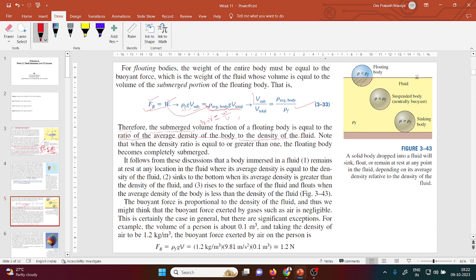So from here you can always remember: note that when the density ratio is equal to or greater than 1, that is, rho of the body over rho of the fluid, if it is greater than 1, it means the density of the body is greater than the density of the fluid.